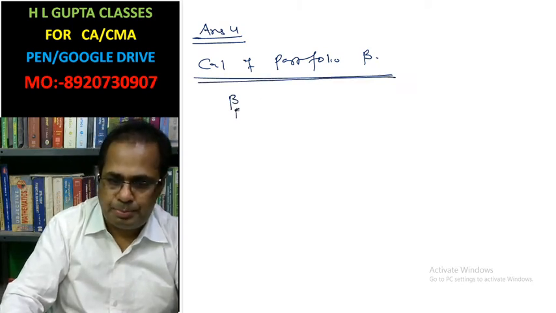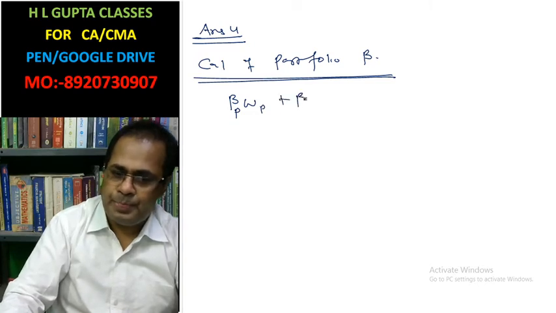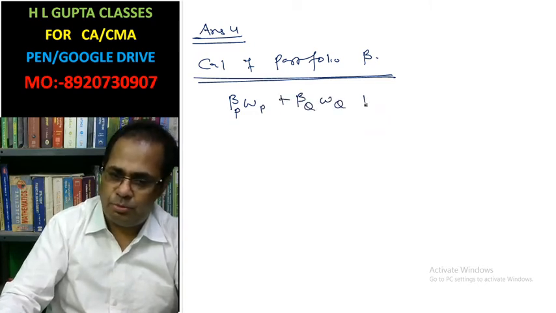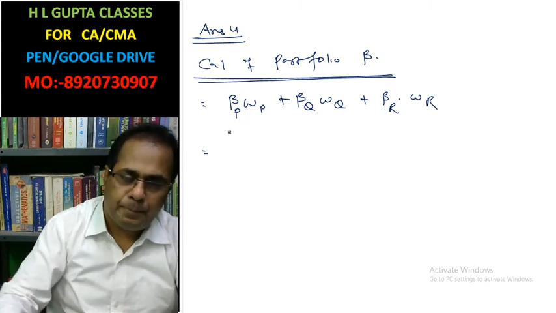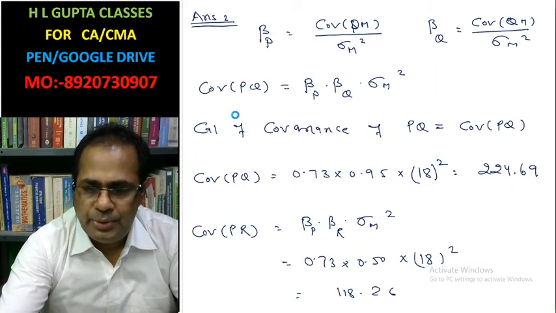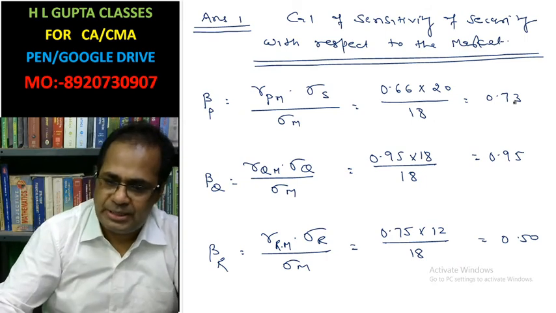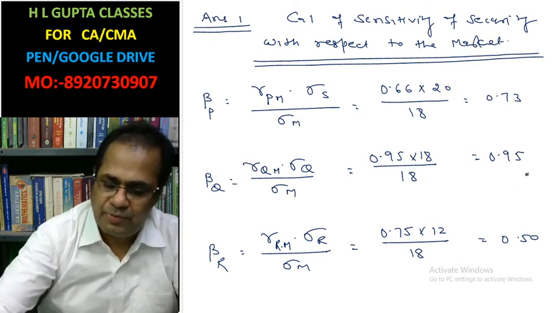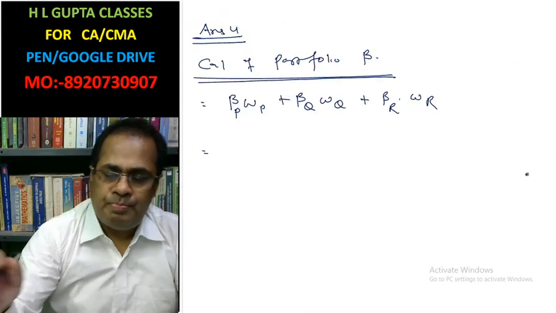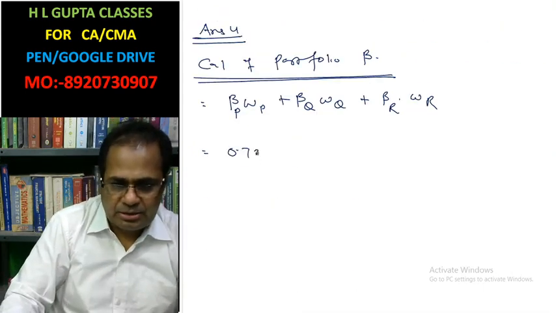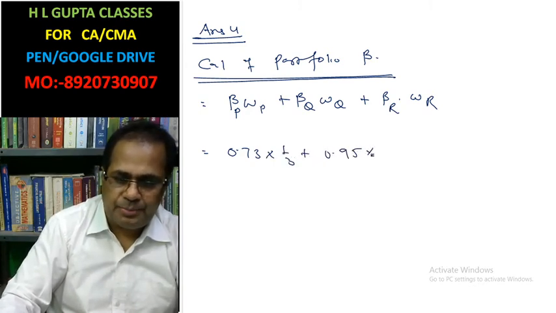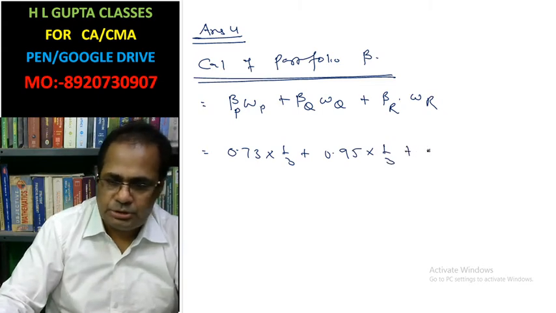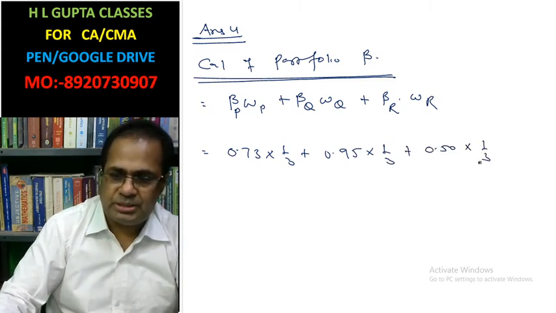Beta of P times weight of P, beta of Q times weight of Q, beta of R times weight of R. In this case, what is the beta of P? Look at it. Beta we have already calculated: 0.73, 0.95, 0.50. So 0.73 into 1 by 3, 0.95 into 1 by 3, 0.50 into 1 by 3.